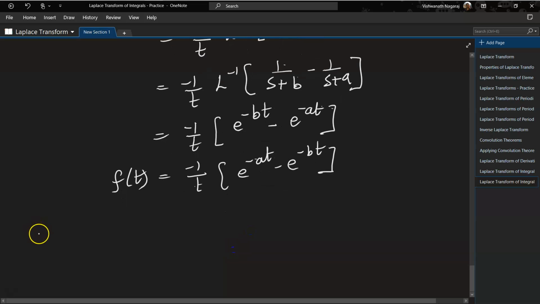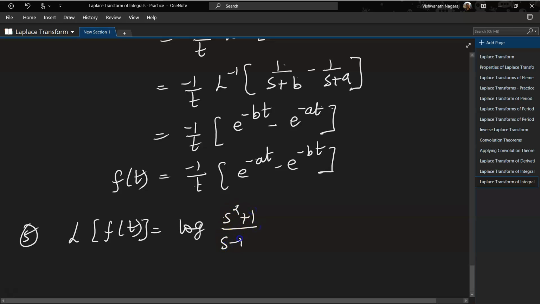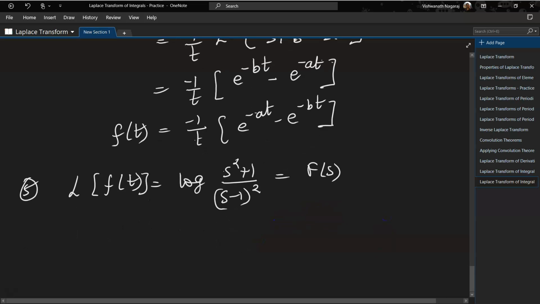Similarly, if we look at the next problem, Laplace of f of t is equal to log of s square plus 1 by s minus 1 square, which is equal to F of s. We have to find the function.